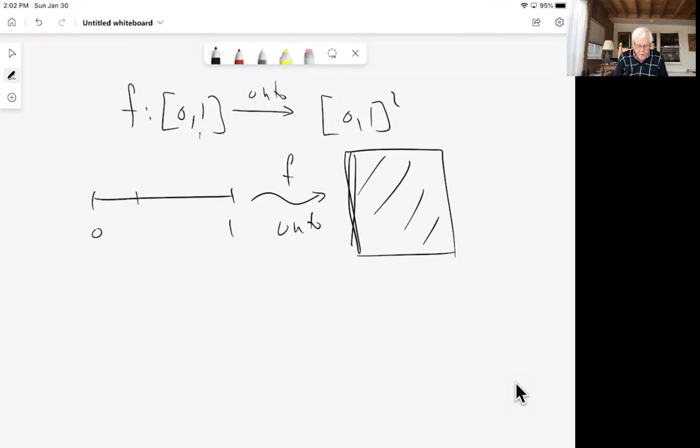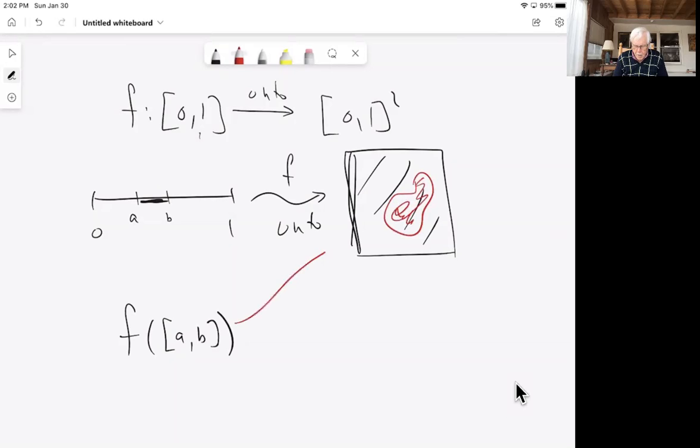We'll also want it to have this property, that if you take any interval AB from the unit interval, then F of AB, so I'm talking about the range, will map into some region here, meaning that that range, the range just F of AB, will contain an entire disk, a circle filled in. So that is what we are going to mean by space filling.